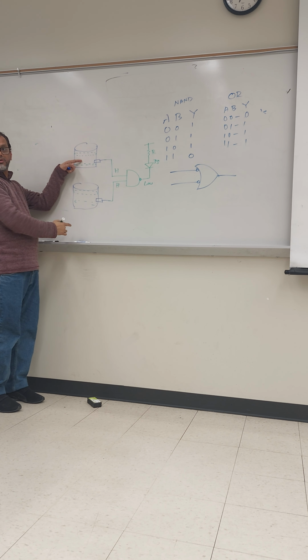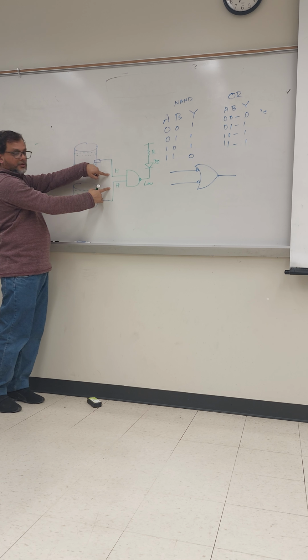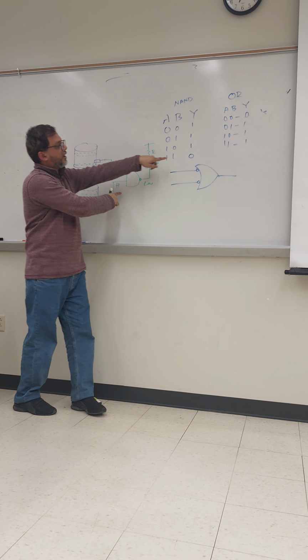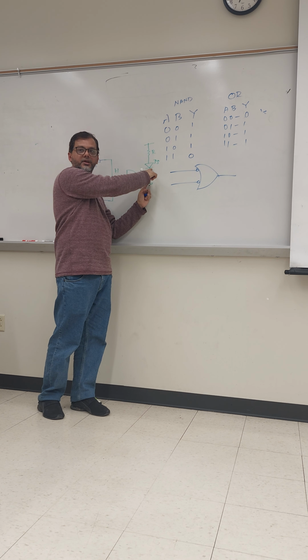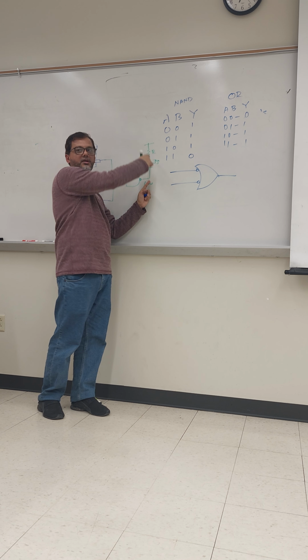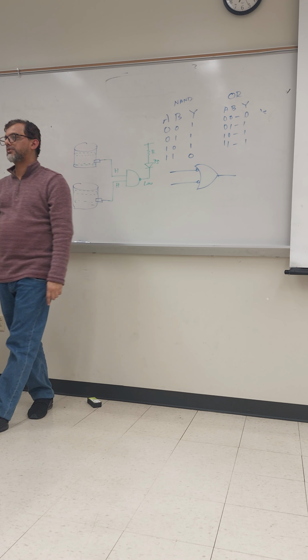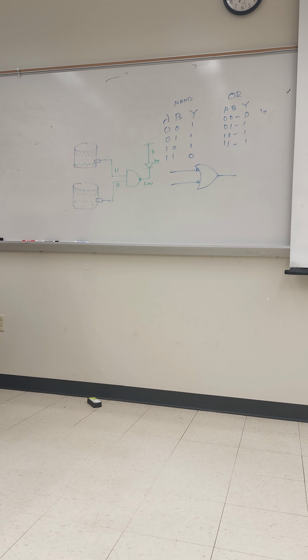So it is already more, and they will create high. When both inputs are high, the output is low. This low output is connected to the negative terminal of the diode, and the positive terminal is connected to the positive supply. If the diode is in forward bias, the diode will be turned on. If the diode is in reverse bias, it will not turn on.